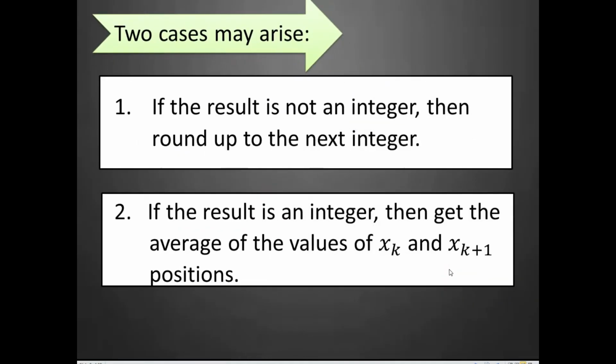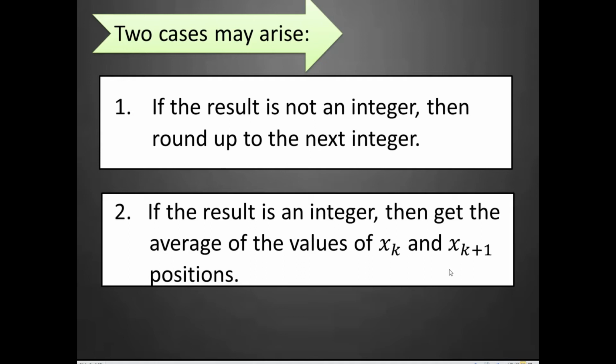2 cases may arise. Number 1, if the result is not an integer, then round up to the next integer. So if the result is a decimal, you need to round it up to the next integer. Number 2, if the result is an integer, then get the average of the values of x sub k and x sub k plus 1 positions.